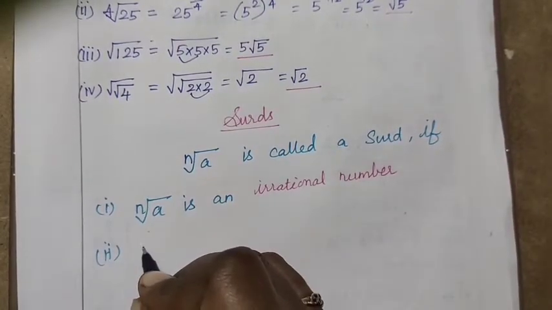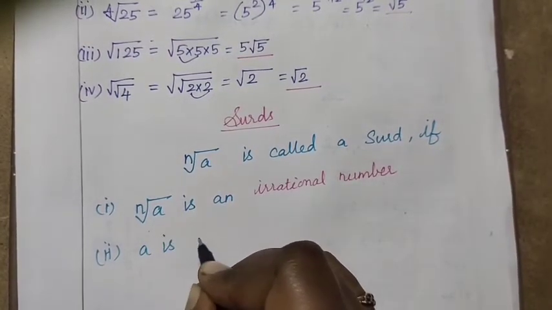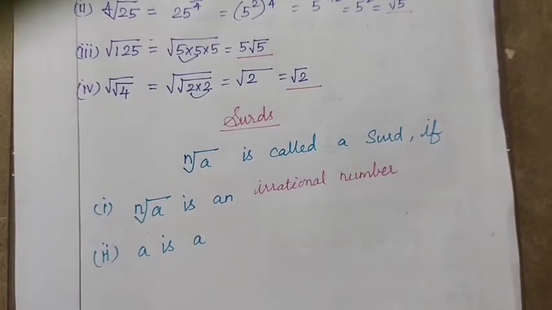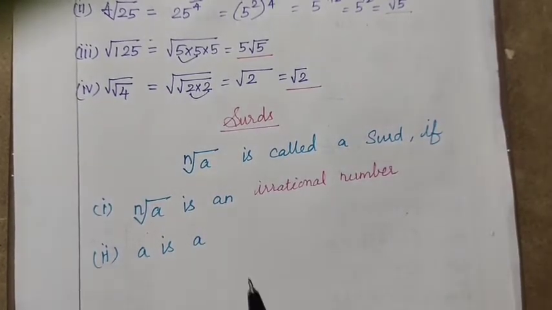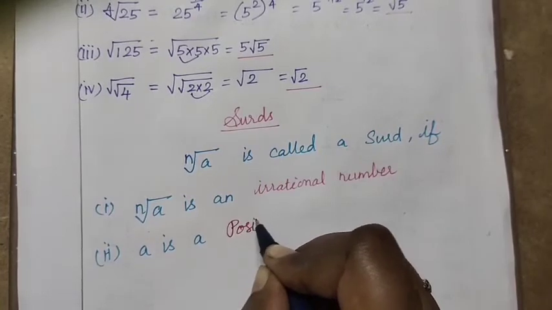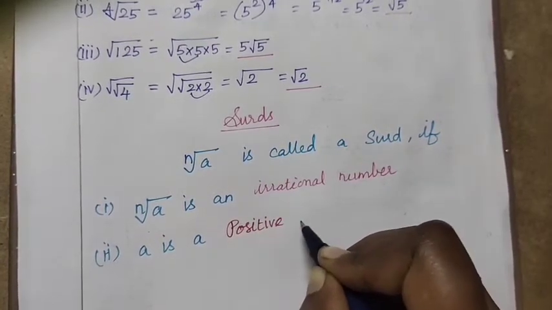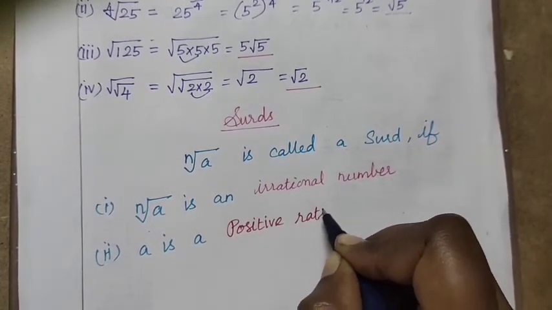Second one, a is a positive rational number.